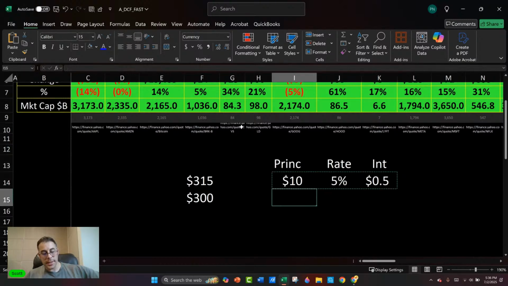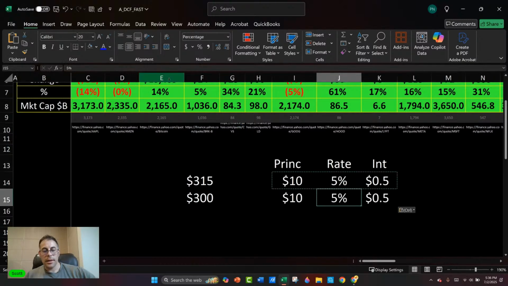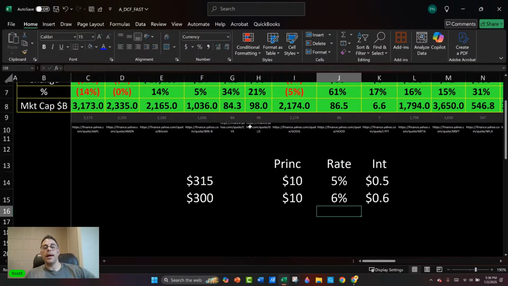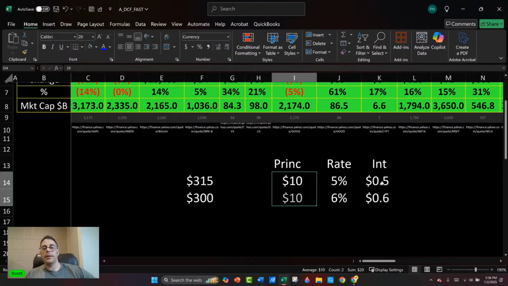Now, if you refinance the debt, you want a lower interest rate. Of course, you can't control interest rates. So if interest rates go up, which is bad, you have to live with it. You have to take on debt at the higher interest rate because you can't afford a $10 billion payment.